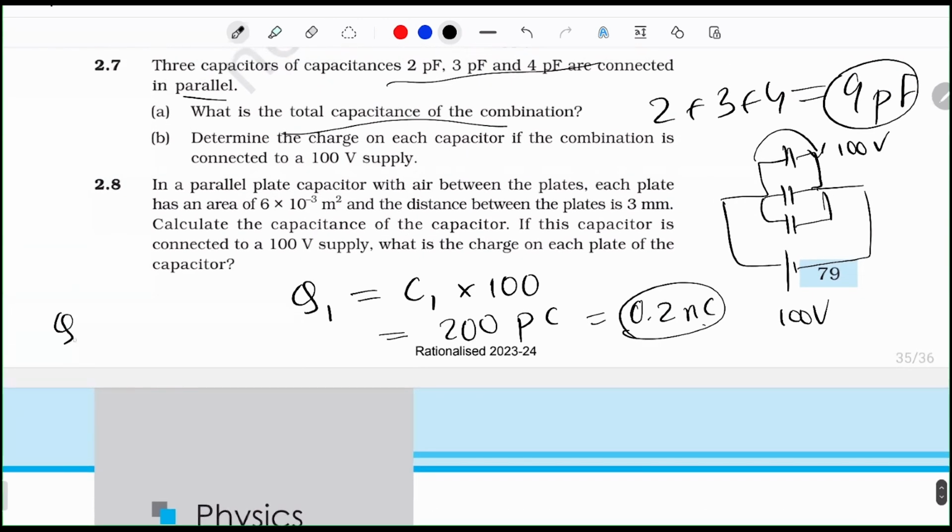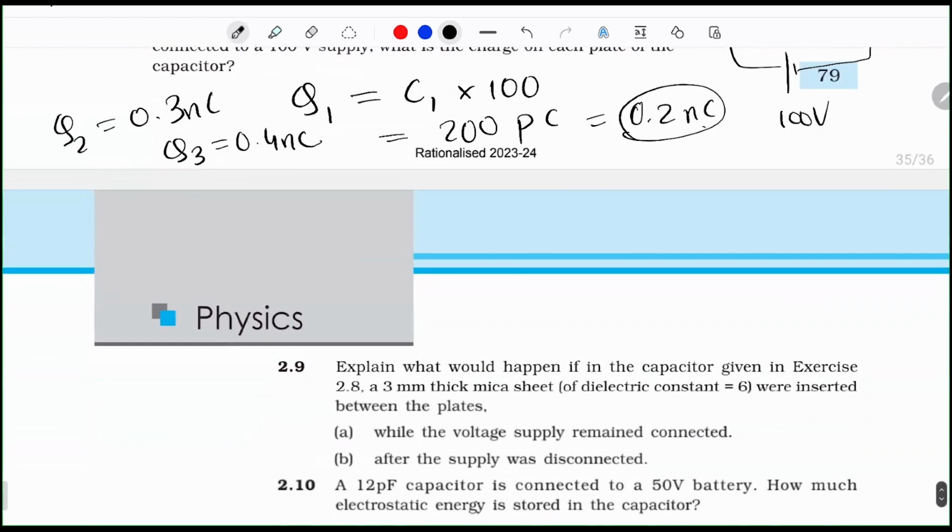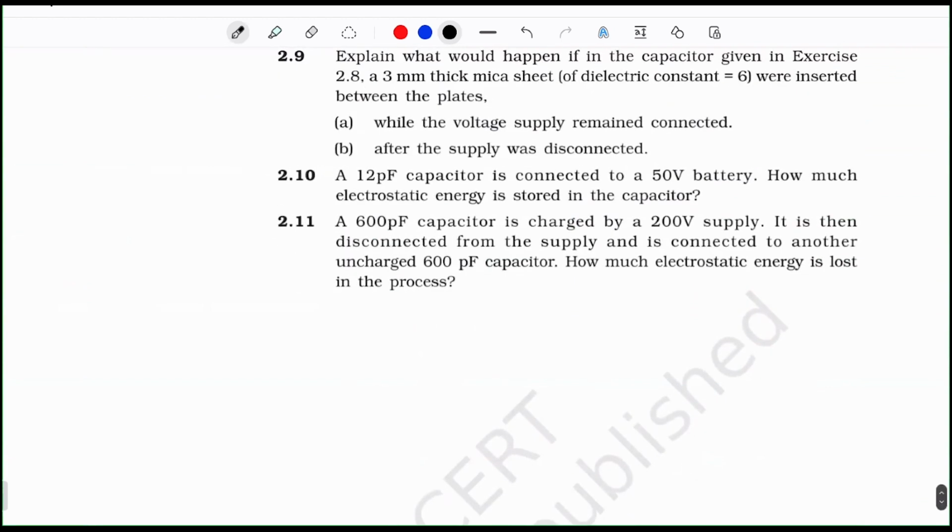Similarly, Q2 is 0.3 nanocoulombs and Q3 is 0.4 nanocoulombs. So the same calculation.